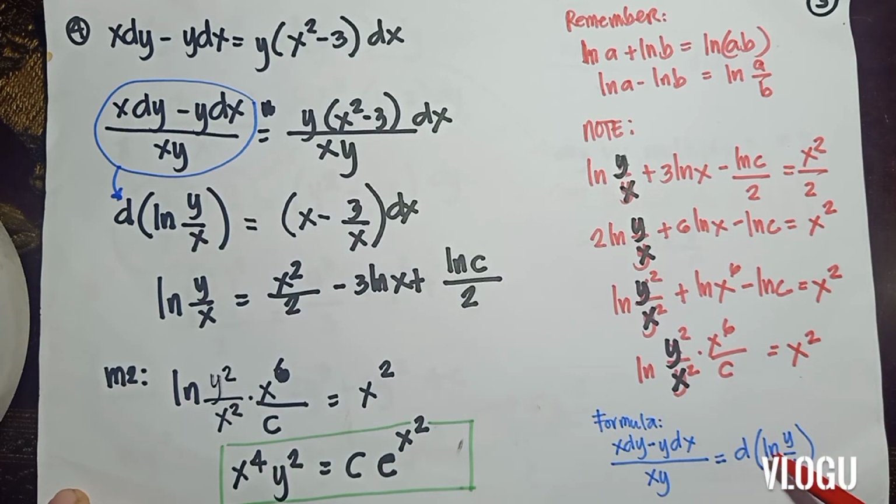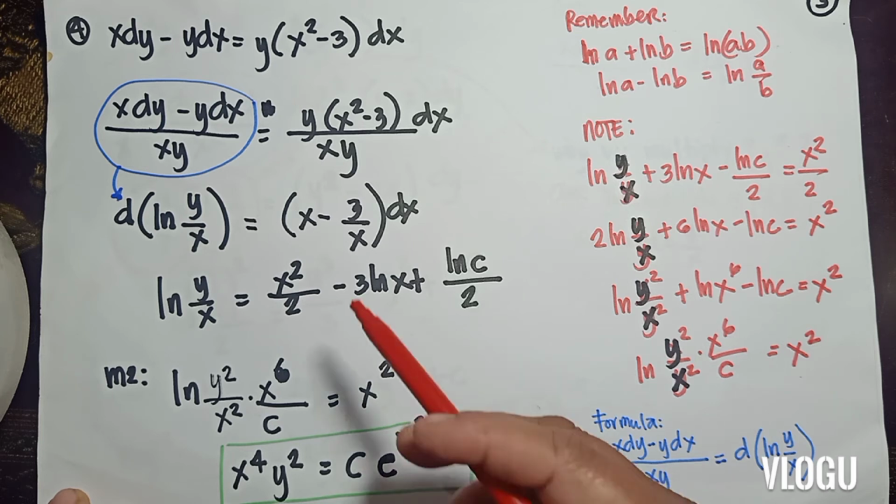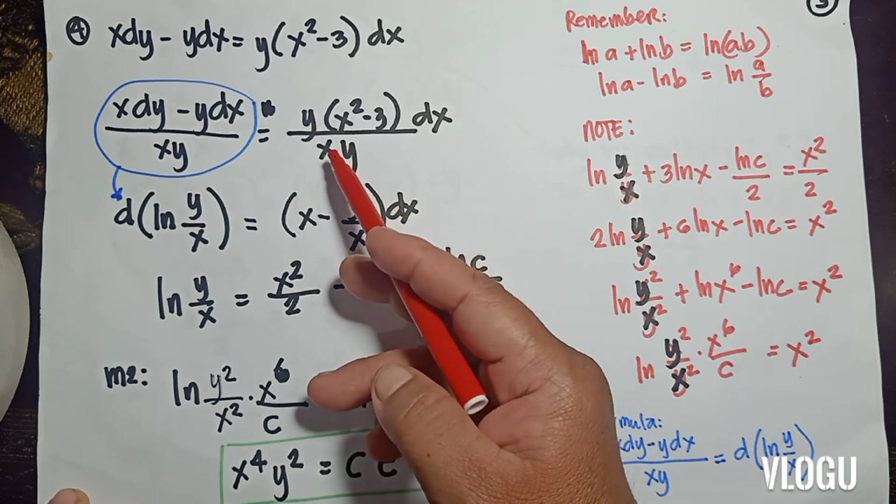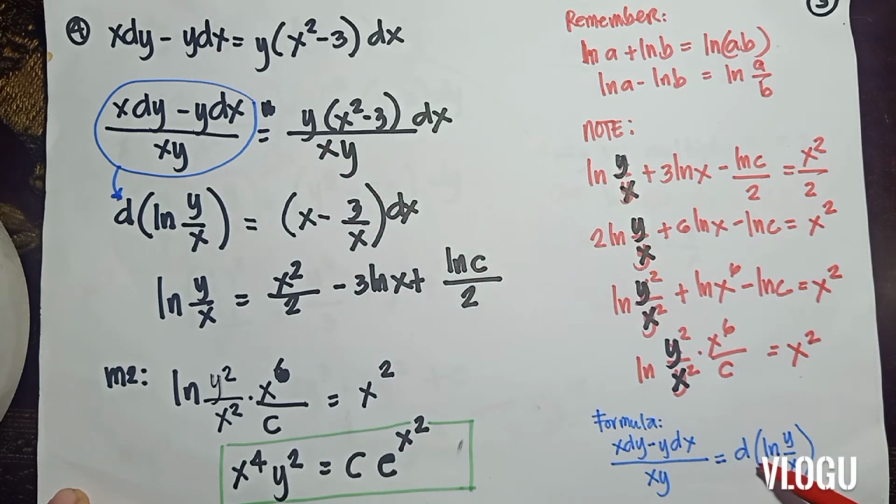The formula that we will be using is x dy minus y dx over xy. xy is our denominator because we can form xy out of the given here. If we have that form, that is the derivative of ln y over x.